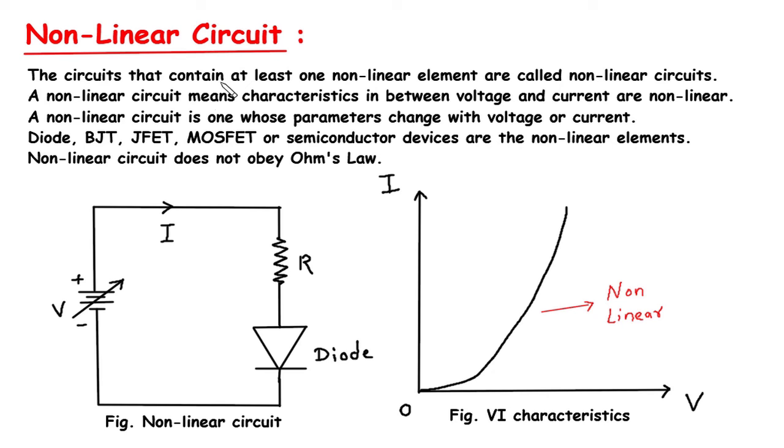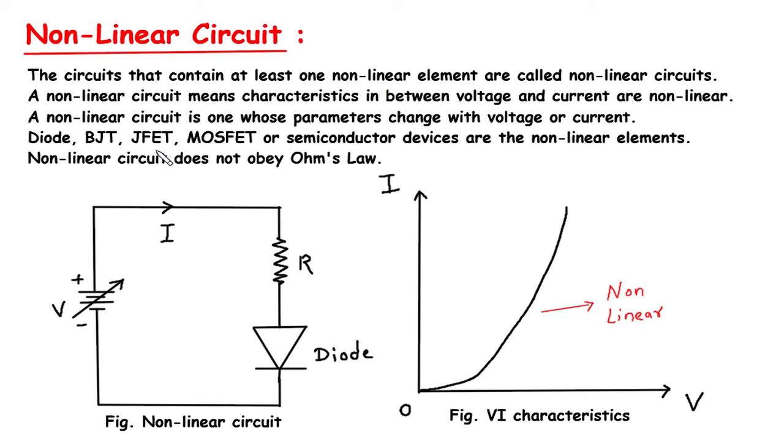Non-linear circuit. The circuits that contain at least one non-linear element are called non-linear circuits. Here we can see this is a non-linear circuit. Here this resistor is a linear element, but this diode is a non-linear element.